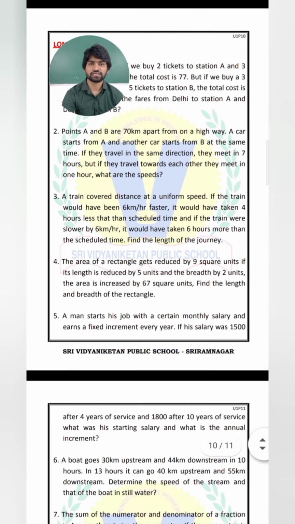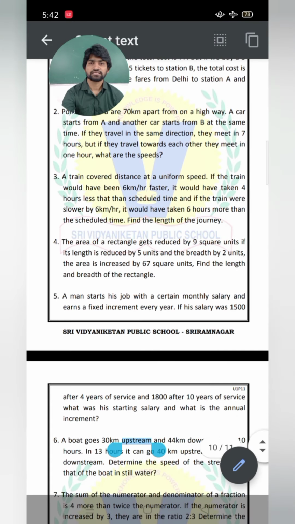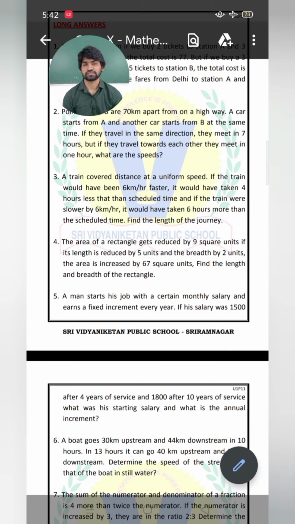If they travel in the same direction, it means if one car is going north, another car is also going north, to the same destination. If 2 objects are traveling in the same direction, then we have to subtract their speeds. Okay, x minus y kilometers per hour.